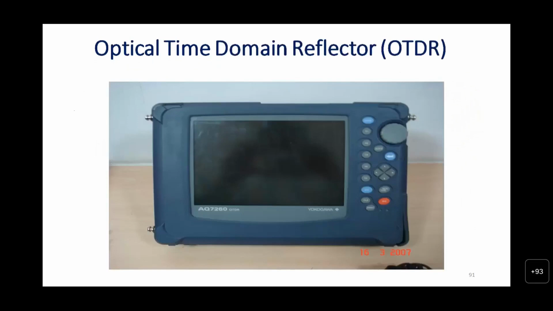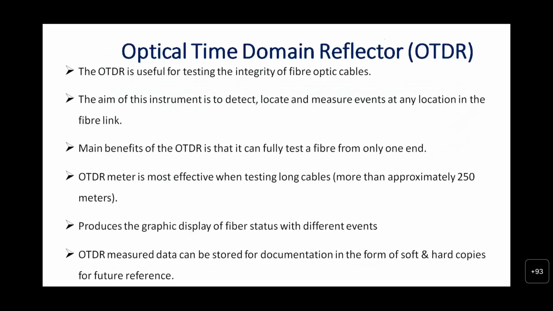Here, this is OTDR, which is the important tool for testing of any optical fiber. Optical time domain reflectometer. The OTDR is useful for testing the integrity of the fiber cable.